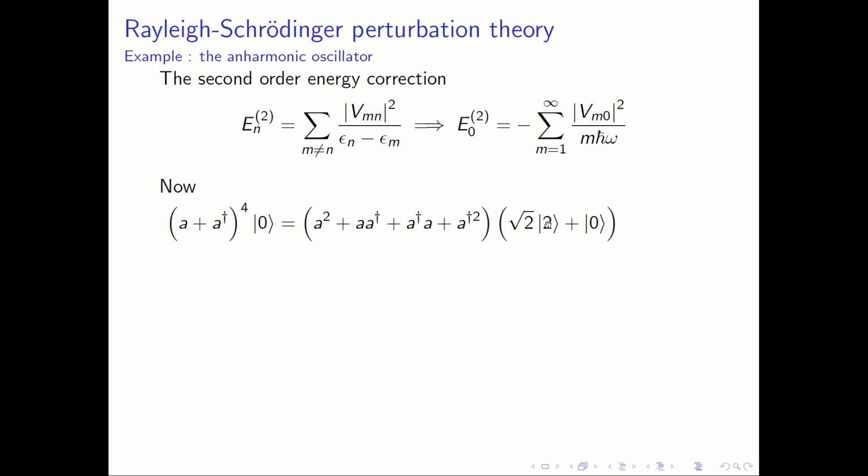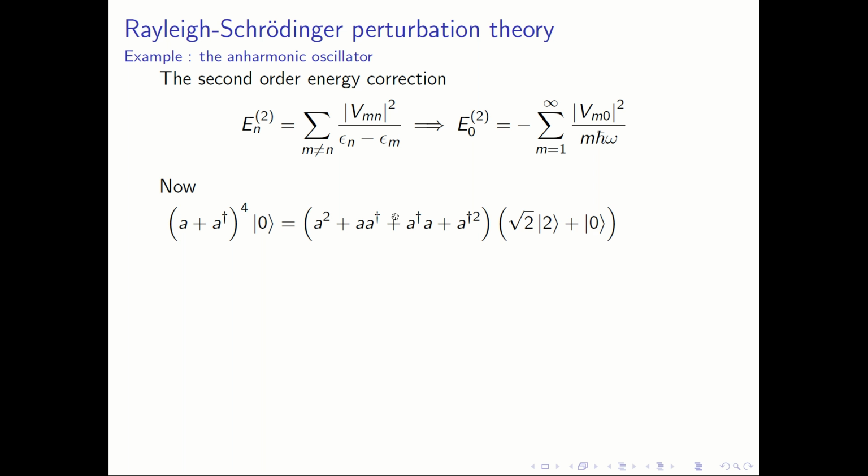Remember, a dagger a is a number operator, so it of course gives you back the number eigenvalue. So that's 5 times ket 2 back, and a dagger square acting on ket 2 of course raises it to ket 4 with a root over 3 into root over 4 as a prefactor. Of course, that's what happens when this whole bunch of operators acts on the first term.